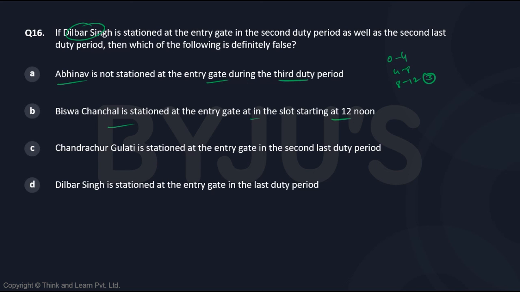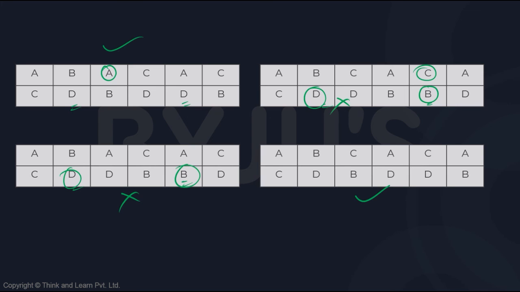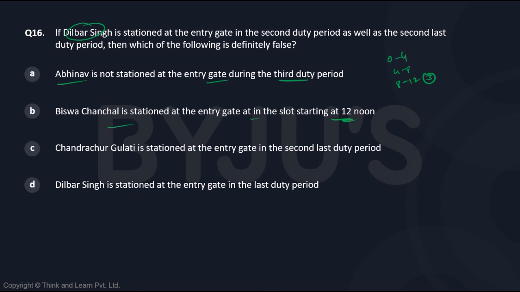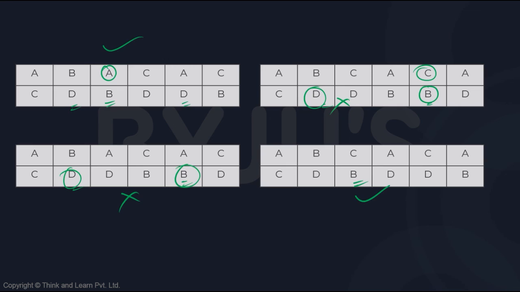So B is stationed at the 12th slot, third slot. Is it possible? B is there at the third slot. Yes, this is also definitely true. C is stationed at the entry gate in the second last duty. C, second last duty, not necessary. It is not necessary. Okay, but it may be possible. Right? It may be possible.